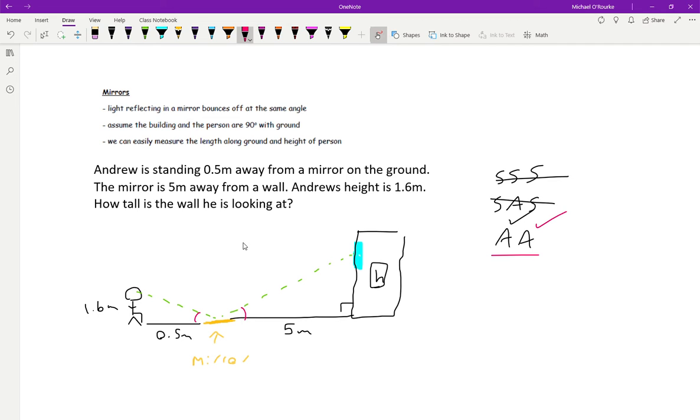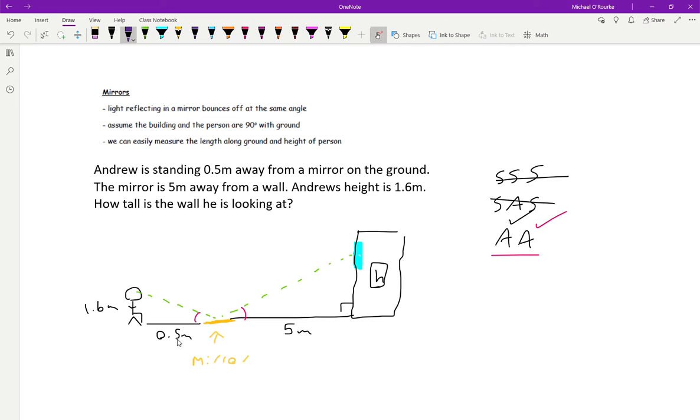Now, what's our buddies here? Like, what are the two numbers we want to look at to find our factor? Can anyone tell me that? What are our two numbers that we want to look at for our factor of how much this grows by? Good.